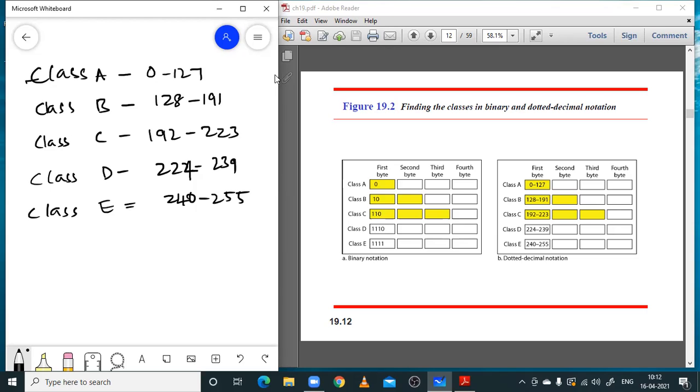It is 128. Out of 128, we will not use two addresses. So 126 network IDs, not IP addresses, will be available for us. So this is about this diagram explanation.